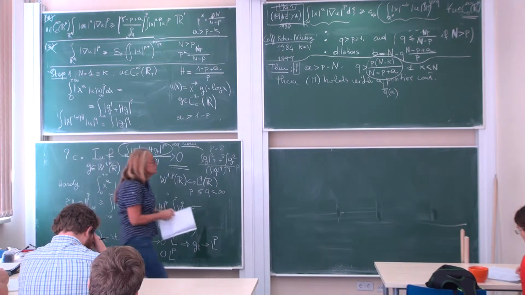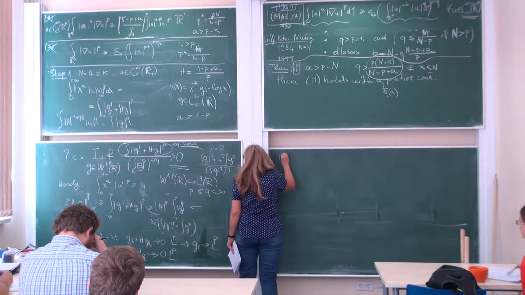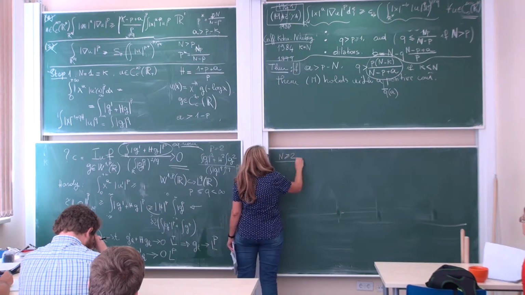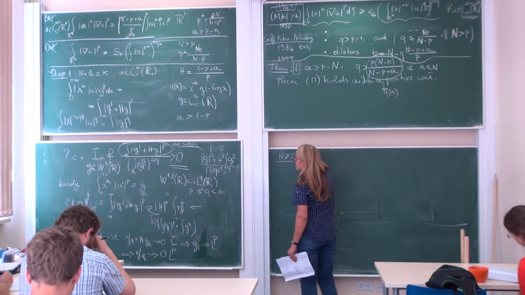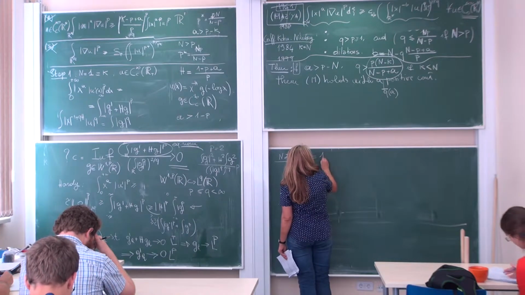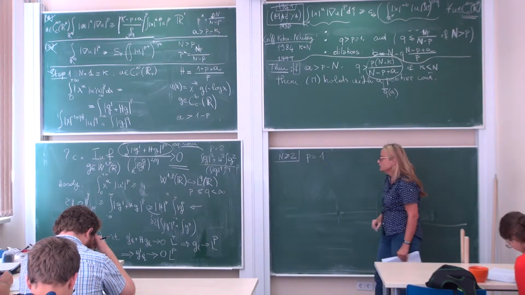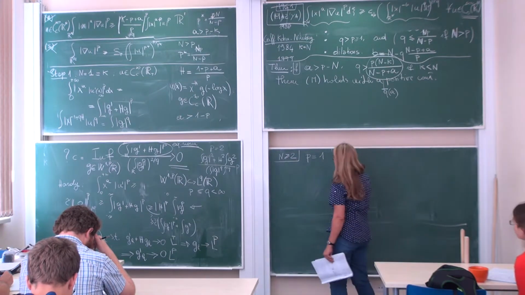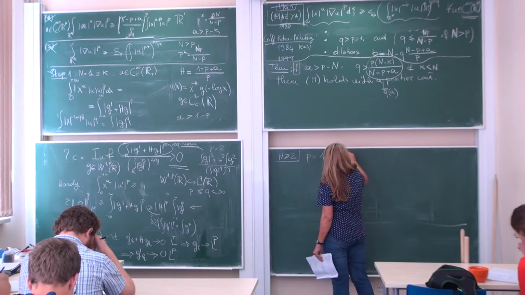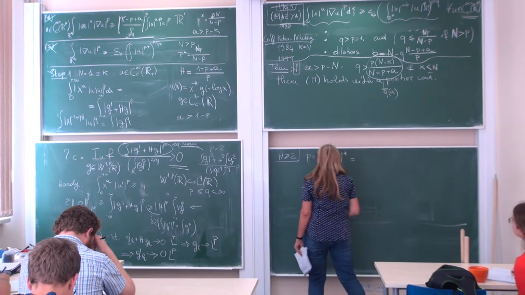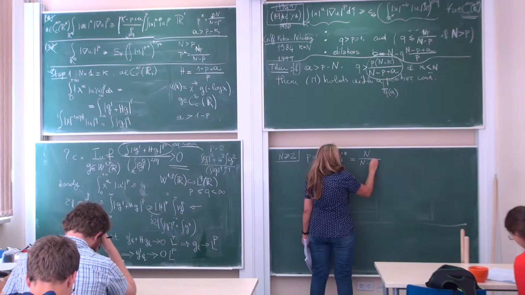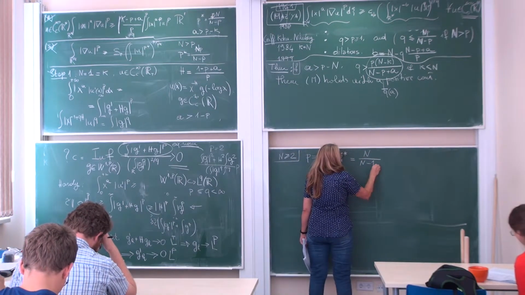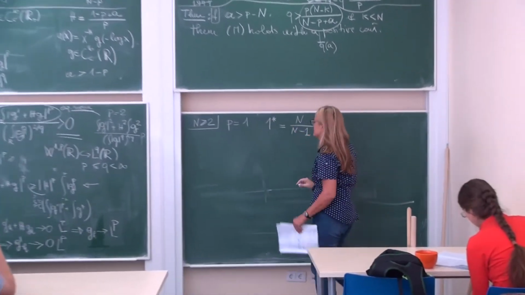Well, let us go on with the case n greater or equal than 2, because the one-dimensional case is over. And then this is the second step. You take p equals 1. And so you have a critical exponent that is 1 star, which is np over n minus p for p equals 1.